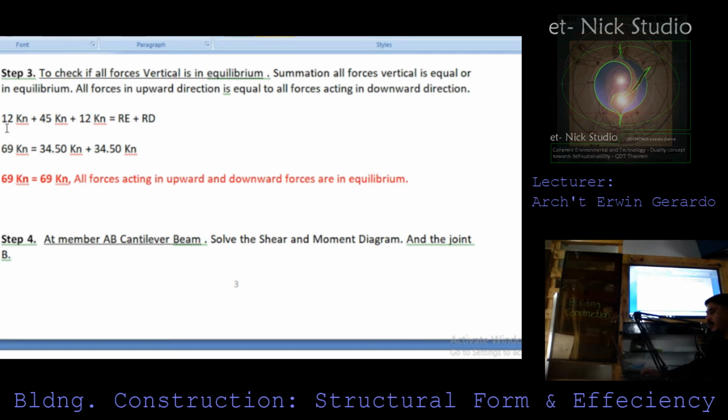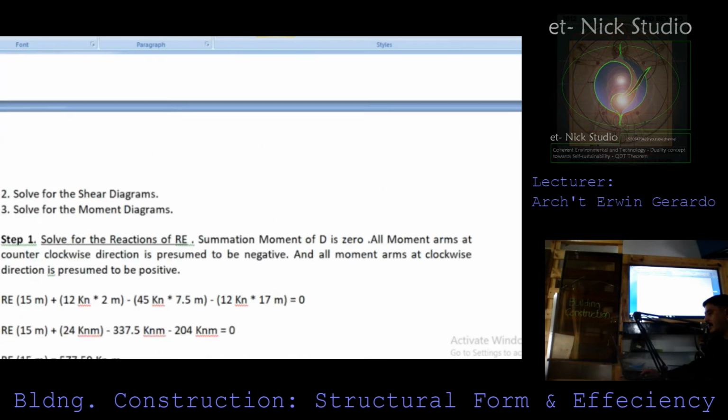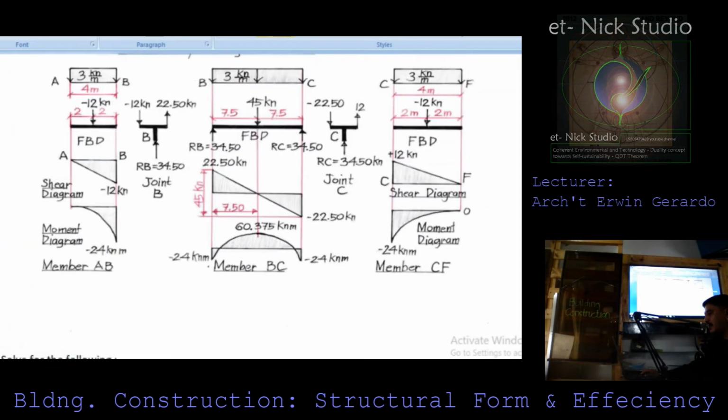Therefore, 12 kilonewton plus 45 kilonewton plus 12 kilonewton is equivalent to Rs of E plus Rs of D, which is actually equivalent to 69 kilonewton. So all upward and downward forces are in equilibrium, meaning they are in a balanced state as indicated in this diagram.